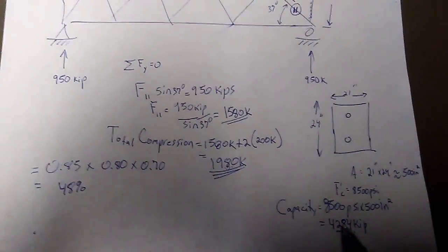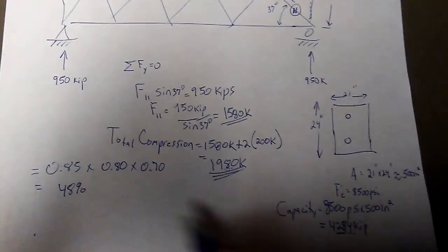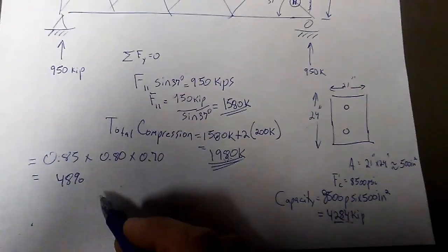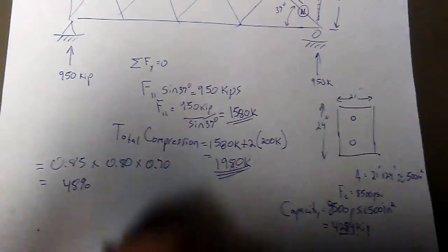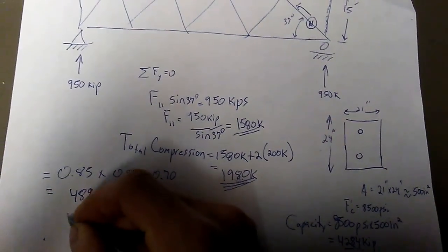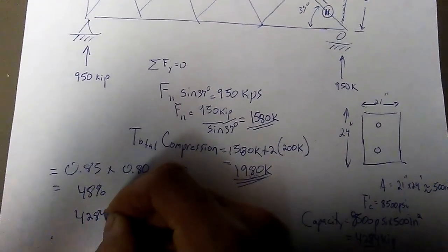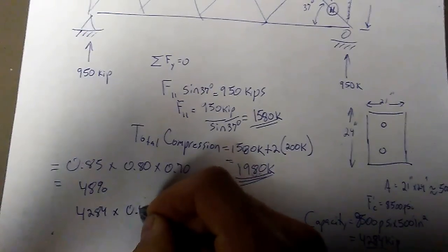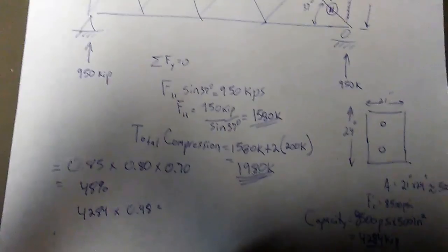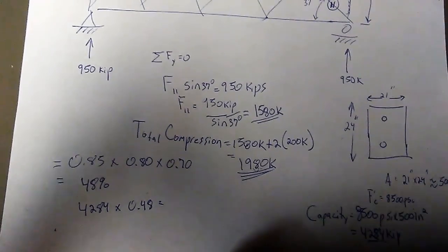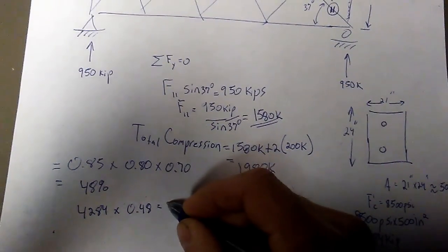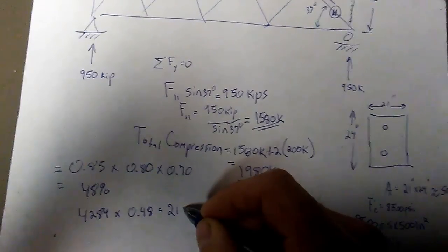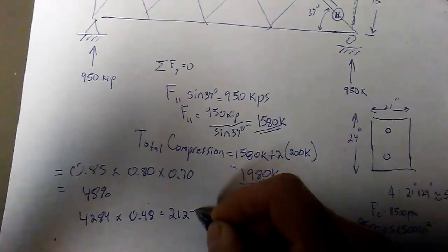So if you take 4,284 kips and multiply it by 0.48, that is approximately 2125 kips.